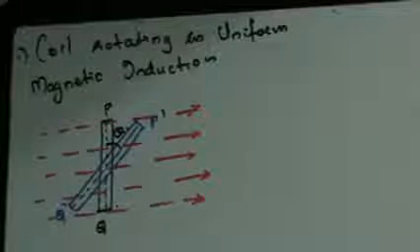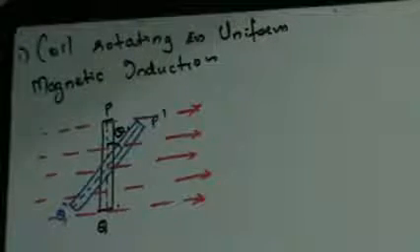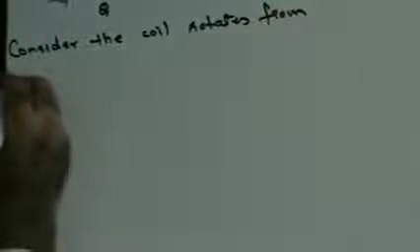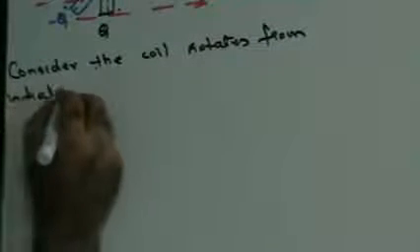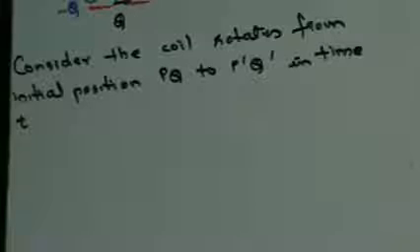Now, let's consider the coil rotates from initial position PQ to P bar Q bar in time t, such that it describes an angle of theta.